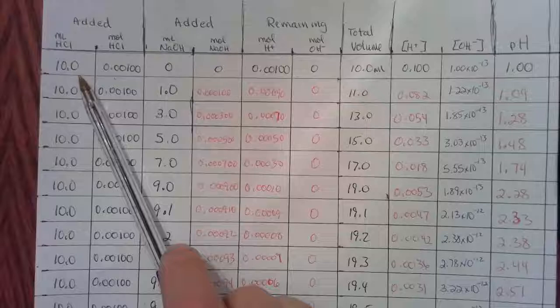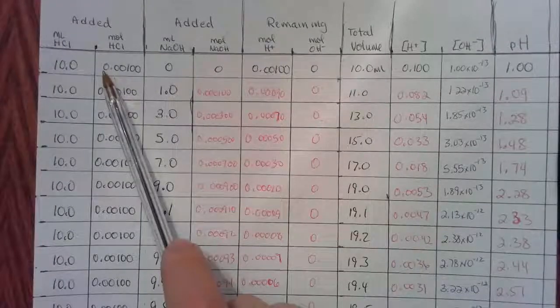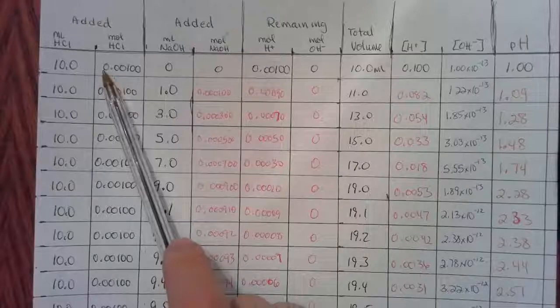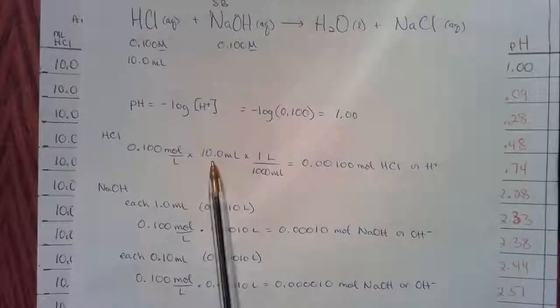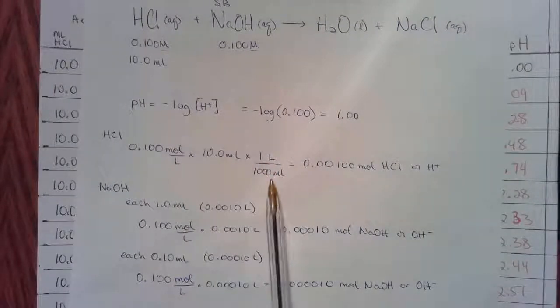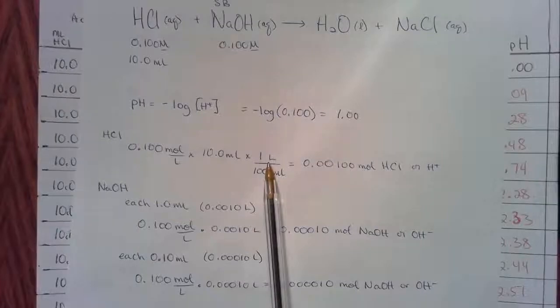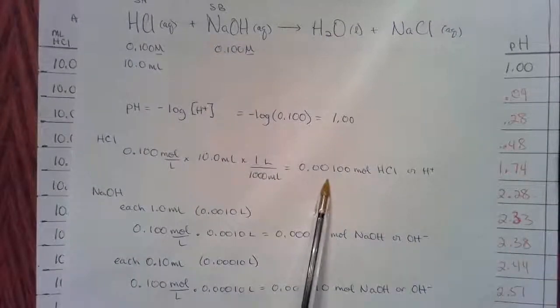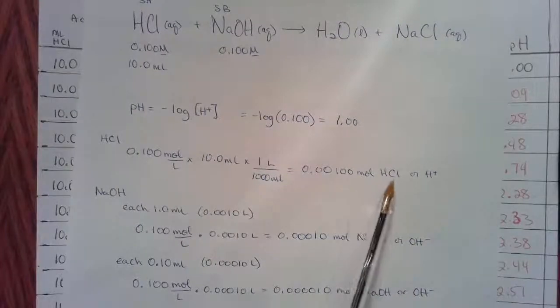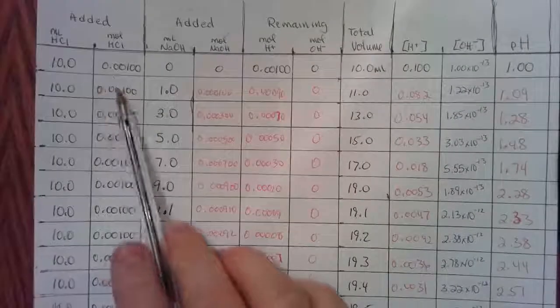The moles of HCl are calculated by multiplying the molarity times the volume. Molarity is 0.1 moles per liter, times 10 milliliters, and we know there's 1,000 milliliters per liter. Got to make that adjustment to cancel out the milliliters, which gives us 0.00100 moles of HCl right here.